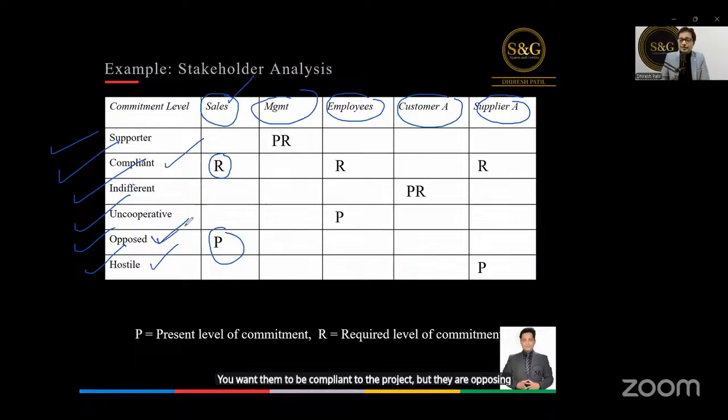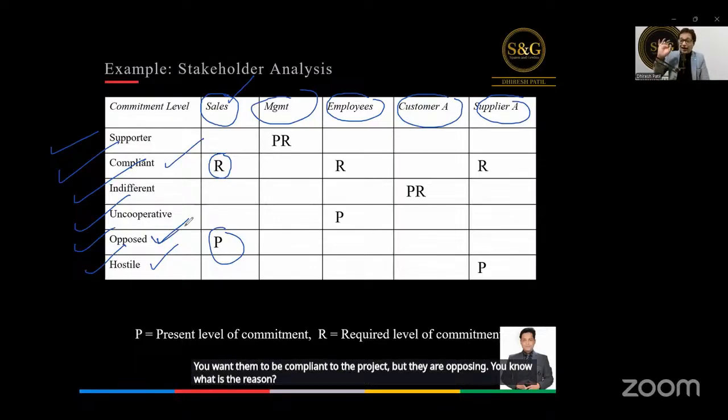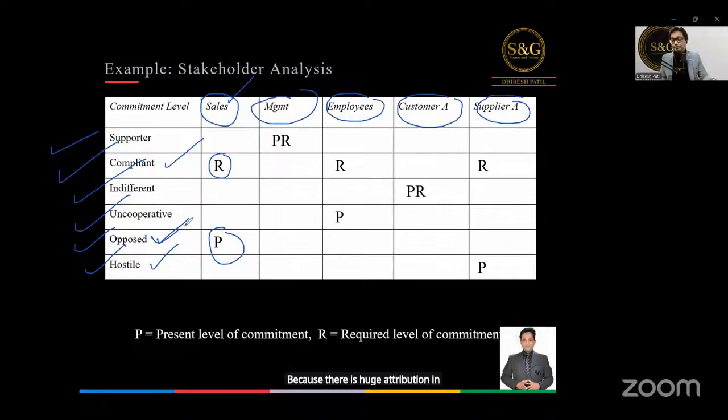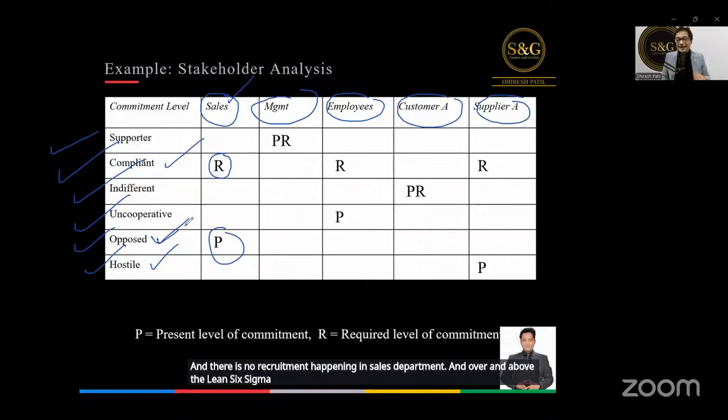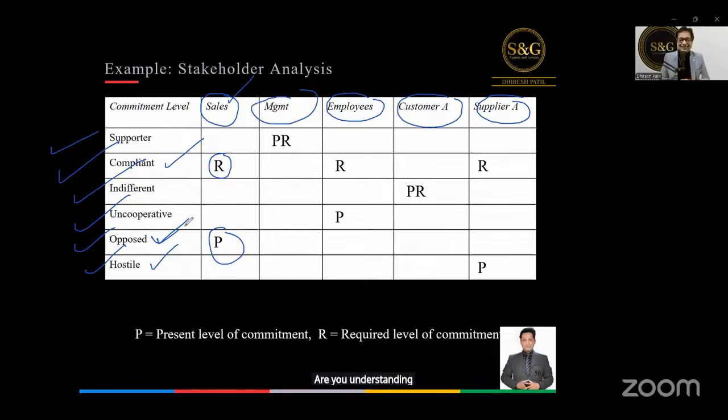You know what the reason is? There is huge attrition in the sales department right now. A lot of people are leaving and there is no recruitment happening, and over and above, the Lean Six Sigma project is given to them. That's why they are opposing this entire initiative. Are you understanding?